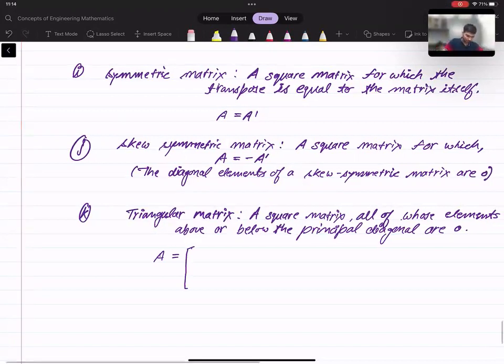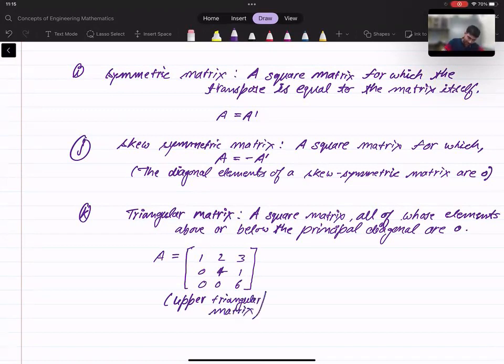Suppose we have the matrix 1, 2, 3, and here we will have 0, then say 4, 1, then these elements will be 0, and here say we have anything, say 6. So this is an upper triangular matrix because the elements above the diagonal are non-zero and below the diagonal are 0.